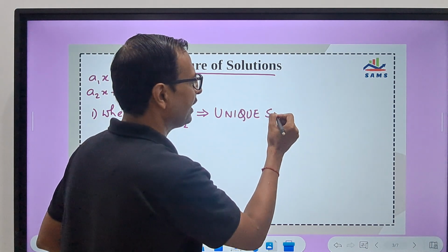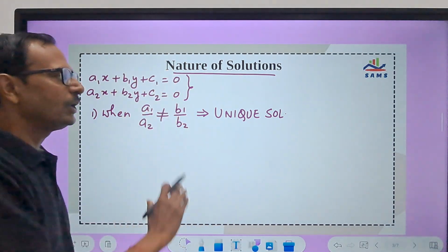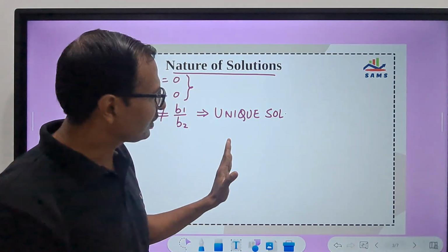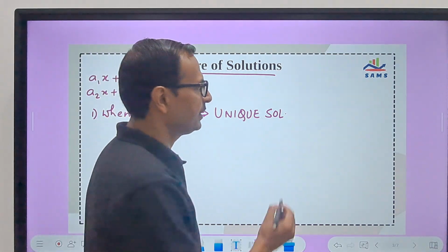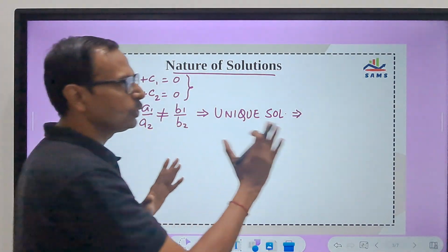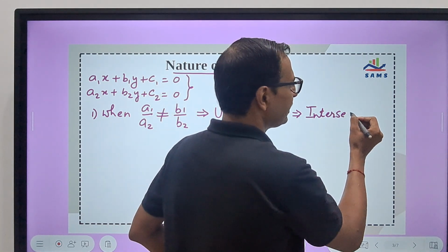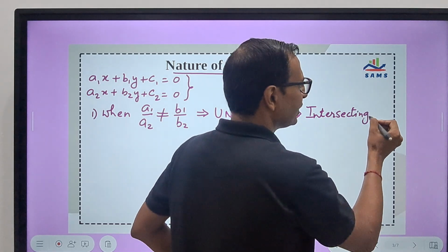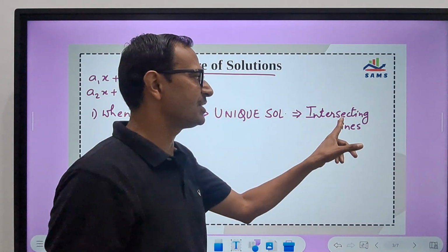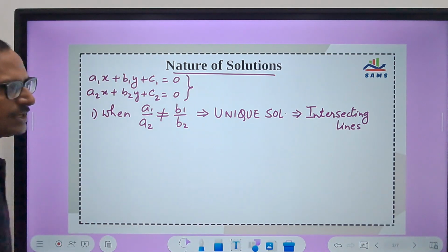That means you will have one pair of values of x and y which will satisfy the two equations. That is called unique solution. And whenever you have a unique solution, when you plot the graph of these two equations, you will always find the two lines intersecting each other at a single point. Intersecting lines are obtained, and the point of intersection itself is the solution of the linear equations. That is the first condition.